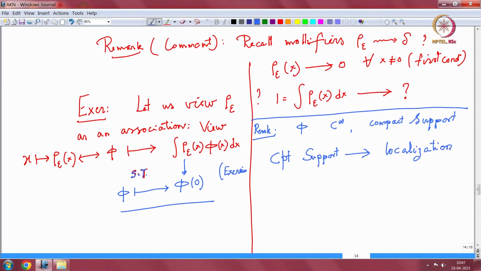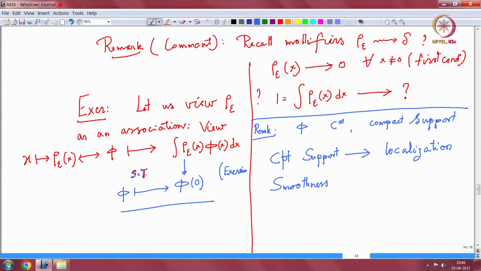So, if you have a phi, if you act on any small open set, it will recover there. If f is smooth, by taking averages you can actually get that function value, if the function value is defined. So, the compactness is used for localization, and smoothness is used from the previous example.